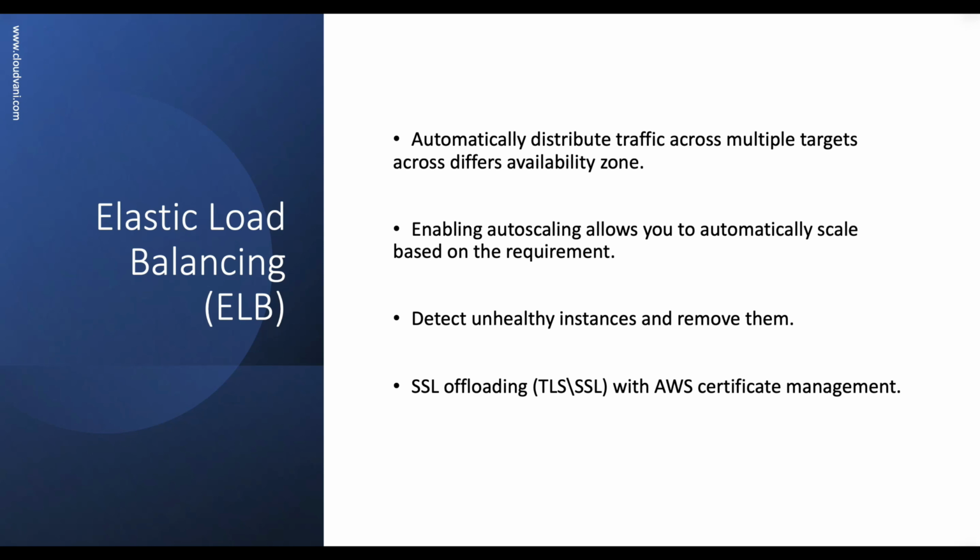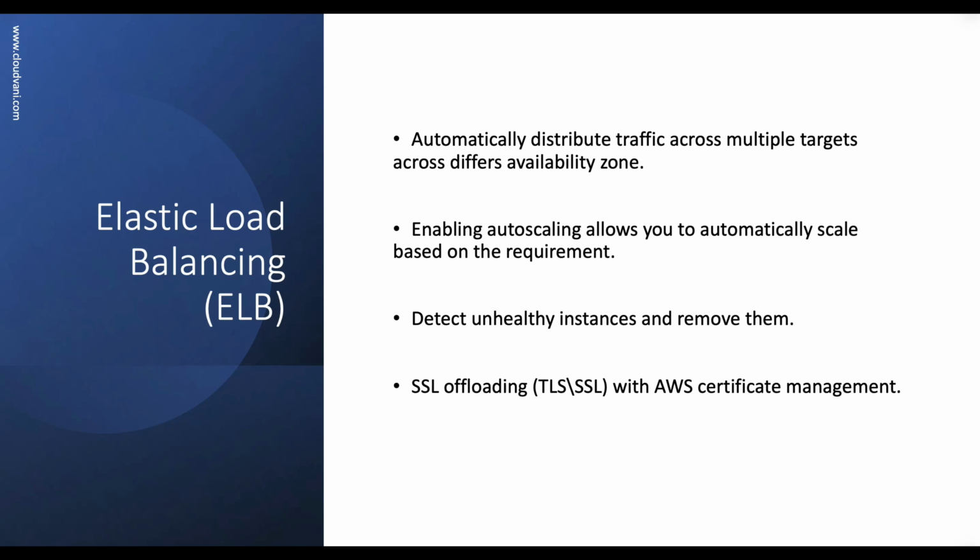What is ELB? ELB is Elastic Load Balancing and it automatically distributes the traffic across multiple targets across different availability zones. So when the traffic is coming from multiple availability zones, it will distribute the traffic across multiple targets. Enabling auto scaling allows you to automatically scale based on the requirement.